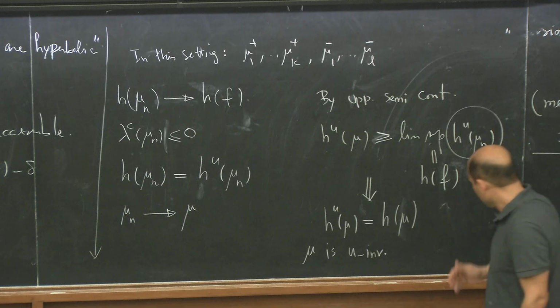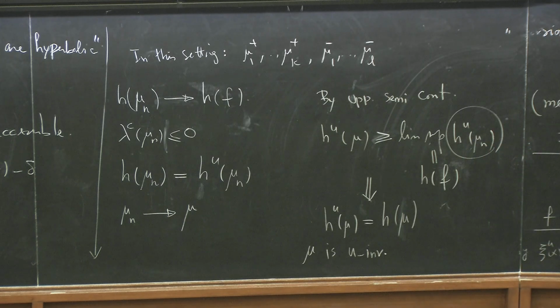Okay? Just to finish the proof, this limit measure is U invariant, so any ergodic component of it will be U invariant. So suppose that mu is ergodic. Of course, this is the point. Not necessarily is it ergodic, but the ergodic components of mu are U invariant.